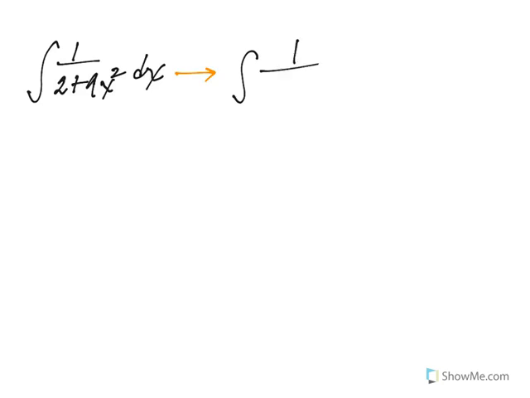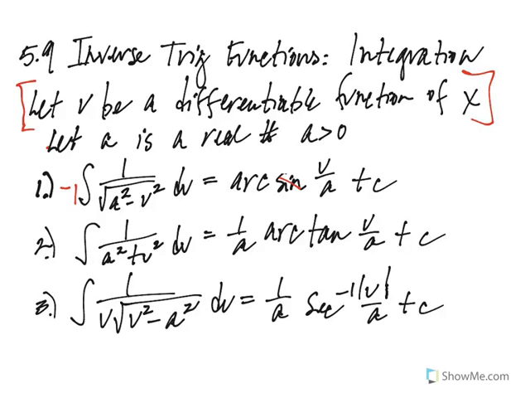This is going to be 1 over the square root of 2 squared plus 9x squared, which is the square of 3x. Okay, now why on earth am I writing it like that? Well, if you remember, the arctan formula is 1 over a squared plus u squared. So what I'm trying to do is identify what a and u are.